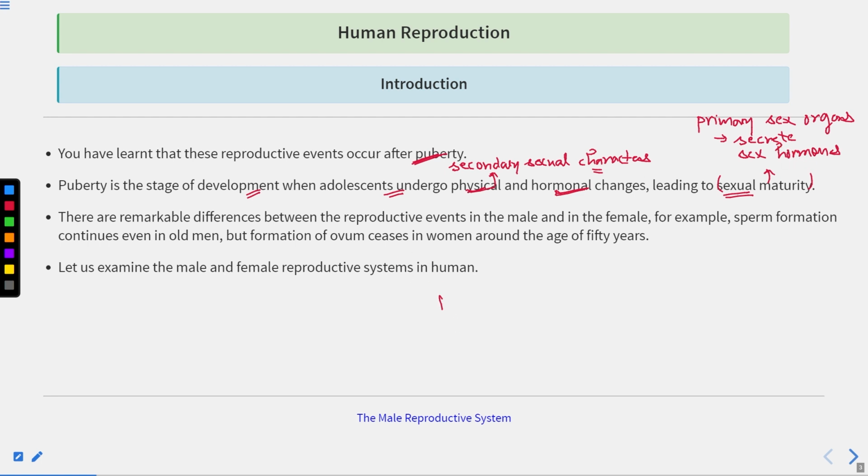Now, in males, what is the sex hormone? Male sex hormones are also known as the androgens. And what is the example of that? Testosterone.